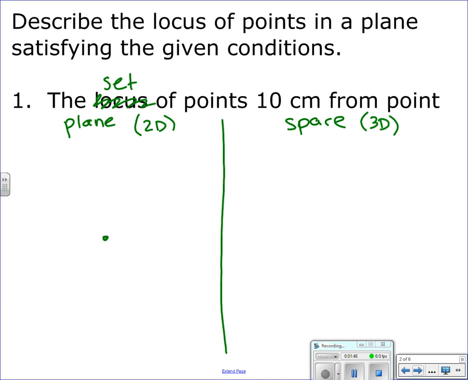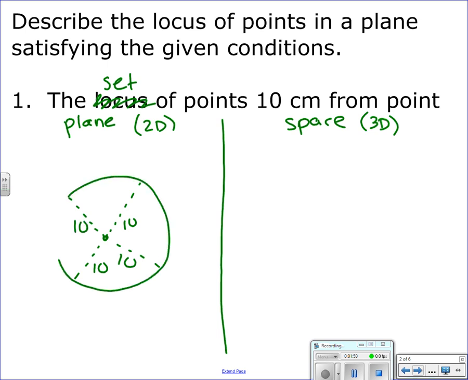So the set of points 10 centimeters from a point. So there's my point. What are all the points that are 10 centimeters away? That's going to be a circle with radius of 10 centimeters. So that's in a plane, drawing it on my board. Versus space, think three-dimensionally.